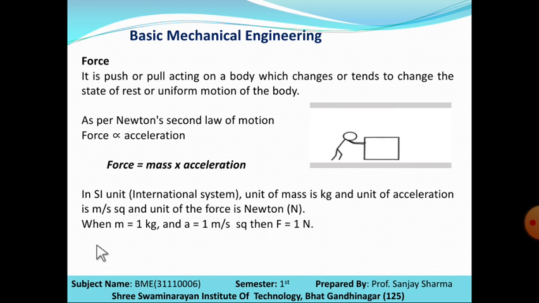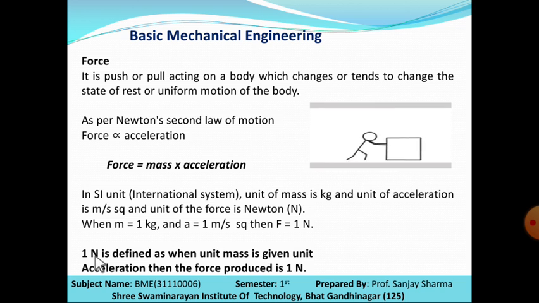If we take any 1 kg mass and its acceleration is 1 meter per second square, then it is termed as the unit force, meaning 1 Newton force is applied on that body for moving it. So 1 Newton is defined as when unit mass is given unit acceleration, then the force produced is 1 Newton.